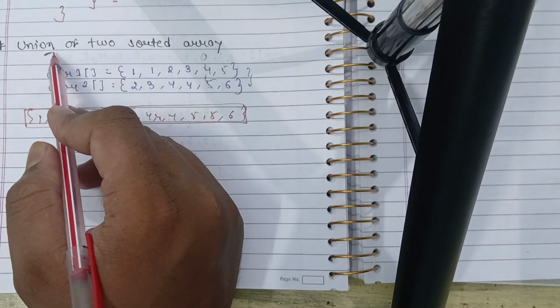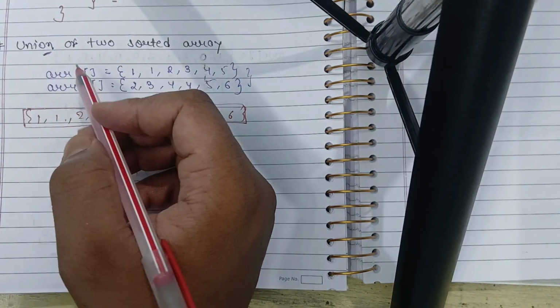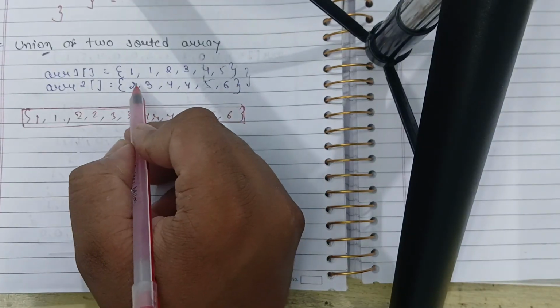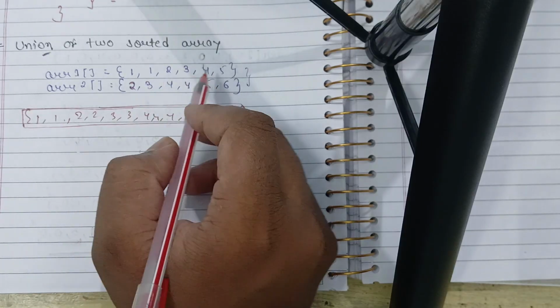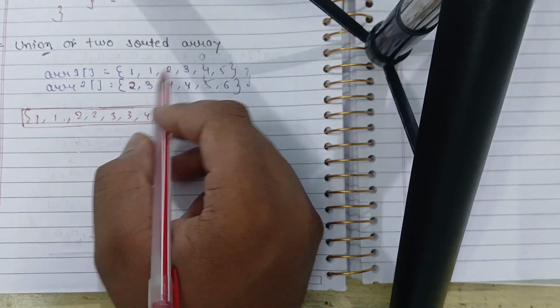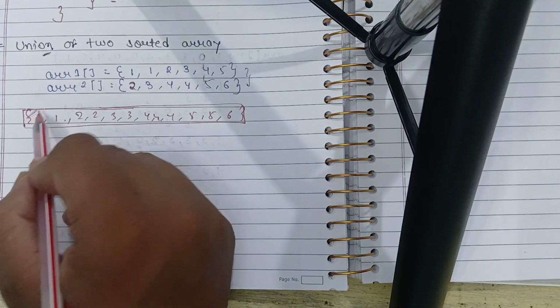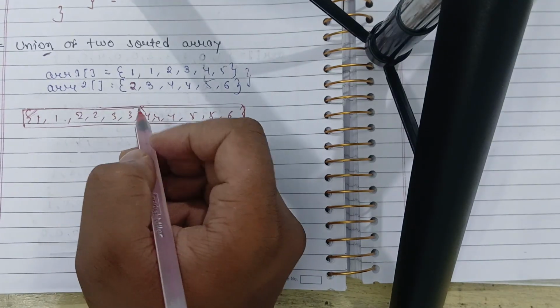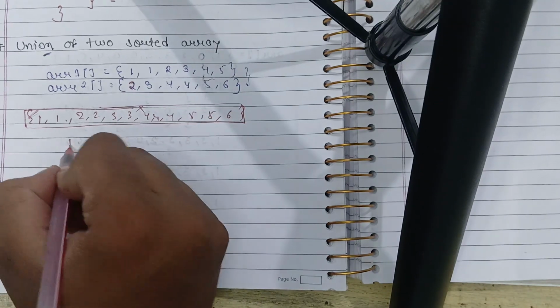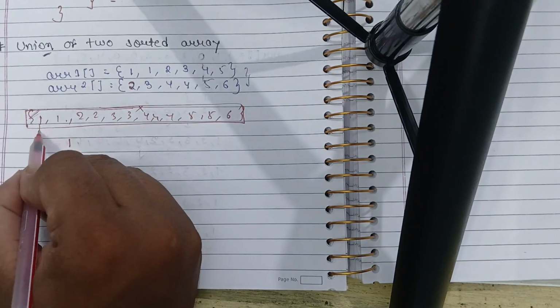Union is a concept in sets, which means every element would be only once, because in a set you store each element only once. So you do not have to do this. Just take all the elements once.